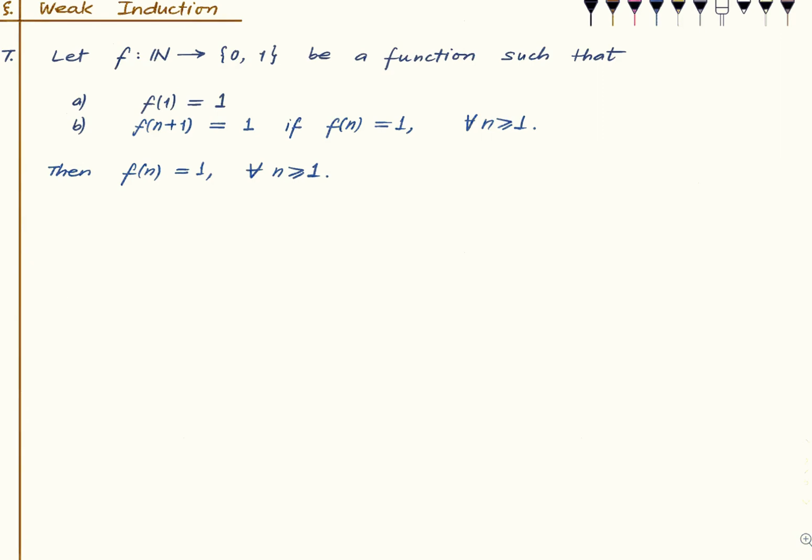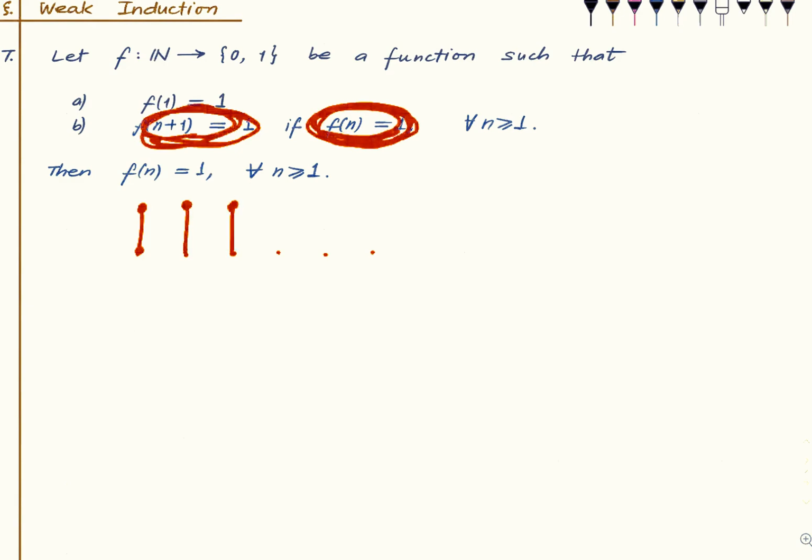And this is no mystery. If you just think about it, you have the numbers 1, 2, 3, 4 lined up. f(1) is equal to 1 is given. And since f(1) is equal to 1, you use the second statement: therefore f(2) must also be equal to 1. So f(2) is 1. Now, since f(2) is 1, again you use the second statement, f(3) must also be equal to 1, and so on and so on.